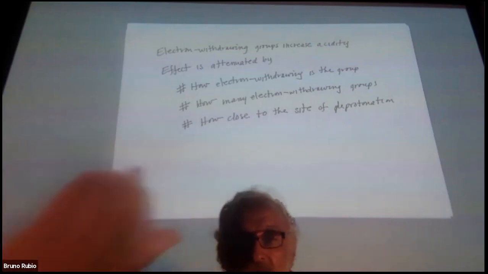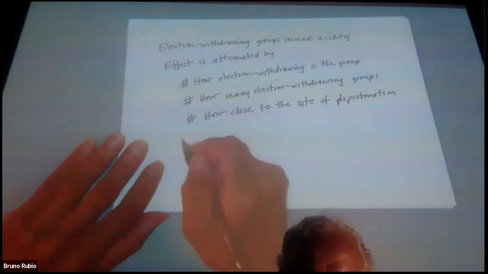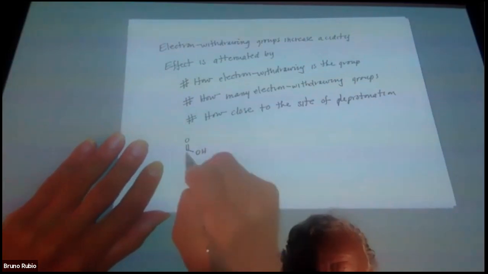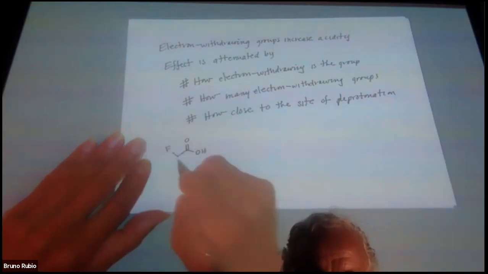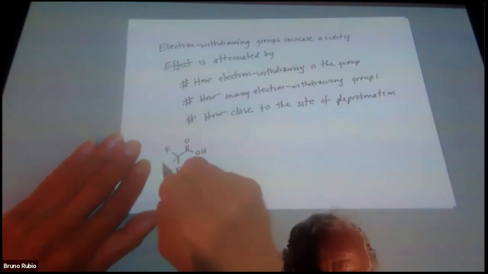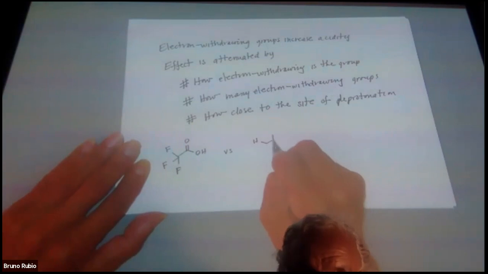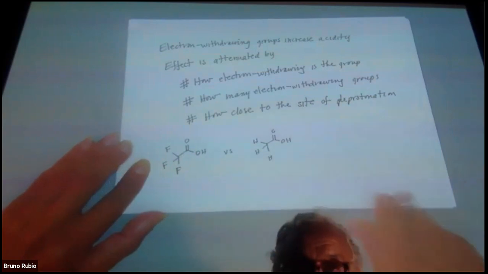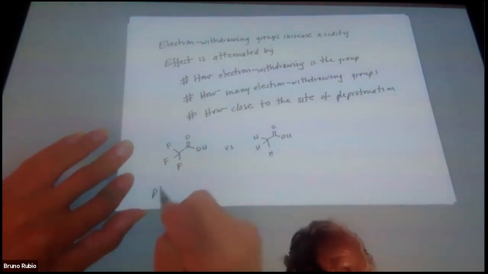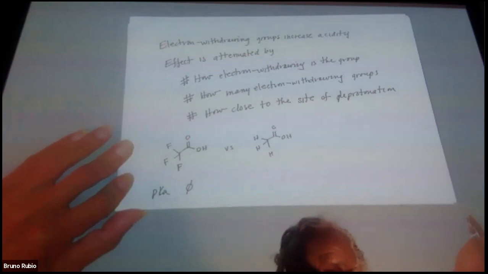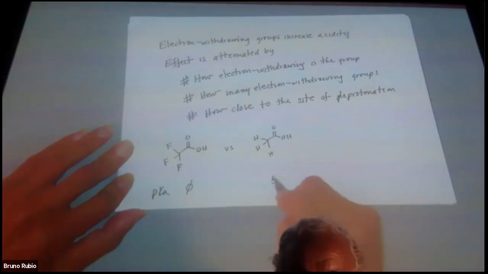All right, so let's look at some examples here. If we look at trifluoroacetic acid versus plain old acetic acid, and we go into the laboratory and measure the pKa's of these two materials, we see the pKa of trifluoroacetic acid is 0, and the pKa of acetic acid is about 5.